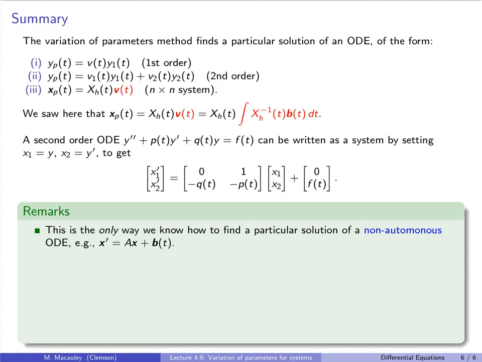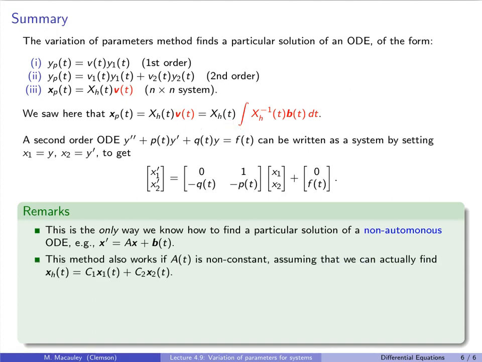This method is the only way that we know how to find a particular solution of a non-autonomous ODE, in other words, x prime equals Ax plus b of t. If b depends on t, there will not be a steady state solution, so we need to find a particular solution using this method.